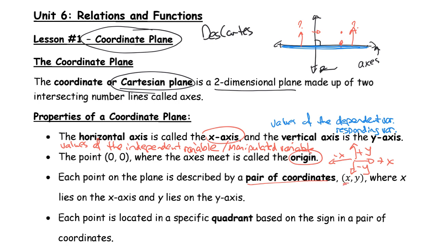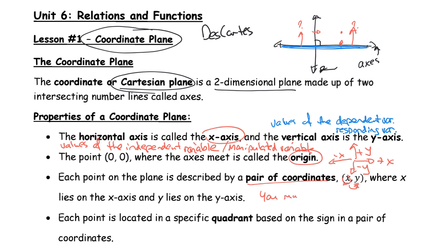There is a value of the independent or manipulated variable, the thing that we choose. We're choosing what that value is, and then we're taking a look to see what the responding variable is. That's what the dependent variable is. So we choose this, and then we're very curious as to what the value is as a result of the y coordinate.